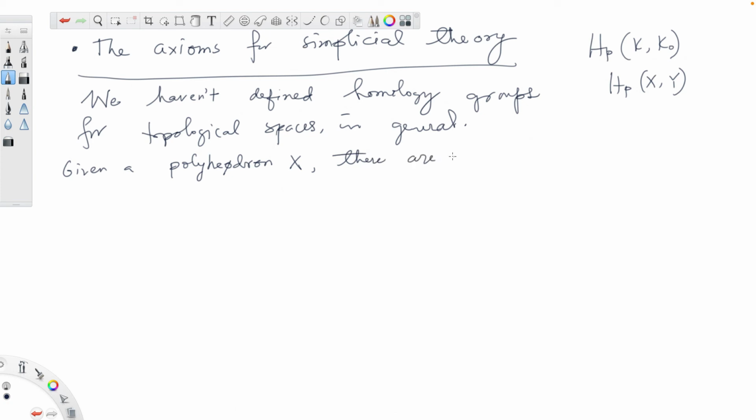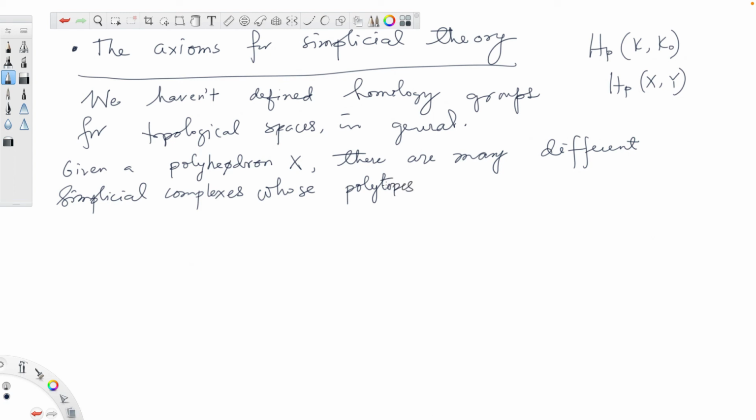There are many different simplicial complexes whose polytopes or underlying spaces equal X. So given a polyhedron, you can find many simplicial complexes whose polytopes are given by this topological space X.